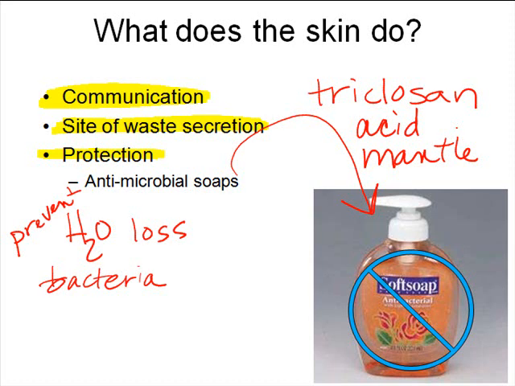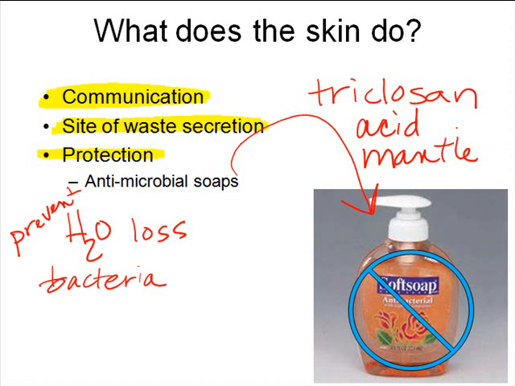And it turns out that many bacteria do not do well in an acidic environment. So this is a protective mechanism. By having a low pH to our skin, we're more likely to discourage bacterial growth on the surface of the skin. Antimicrobial soaps break down that acid mantle.